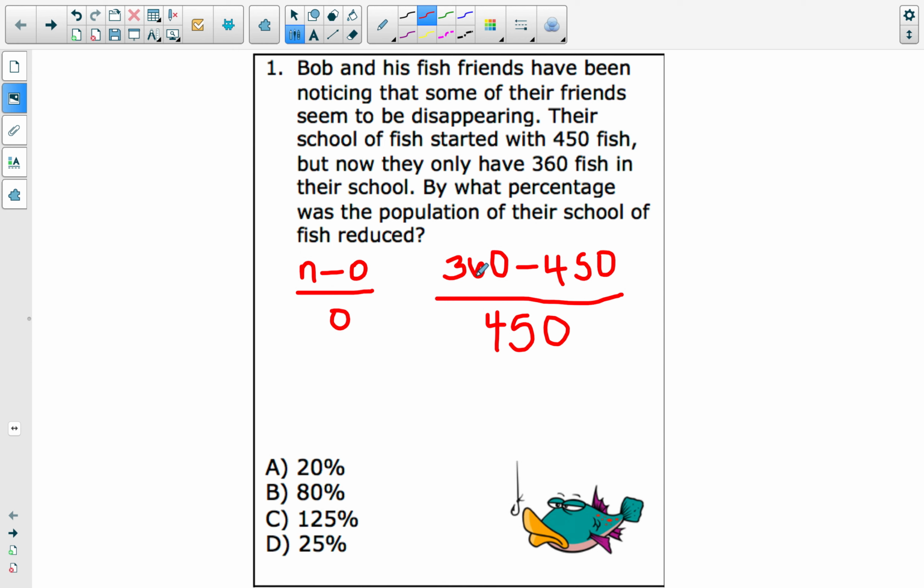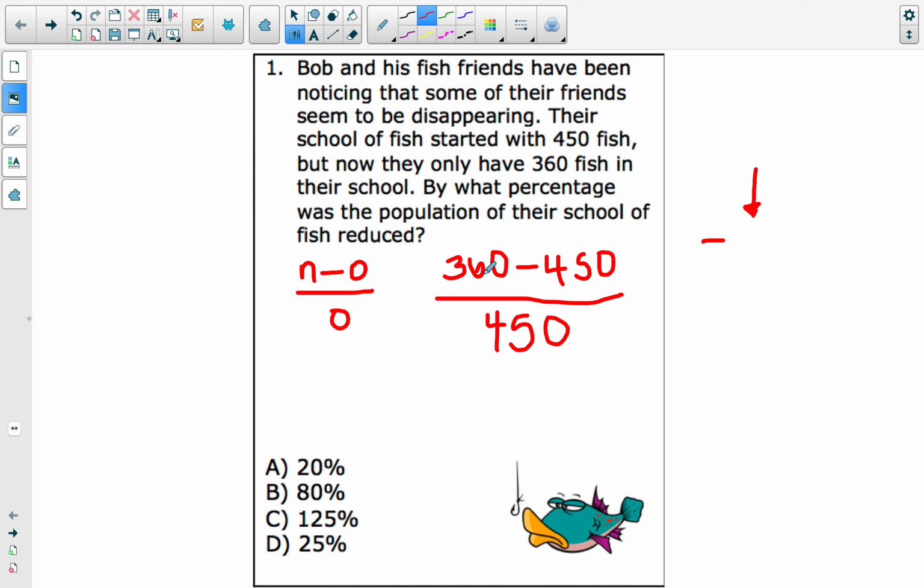So if we take 360 and we take away 450, we are going to be left with a negative number, and that's okay. Remember, if you're left with a negative, that means that there is a decrease in your percent. So let's ignore that negative for right now.